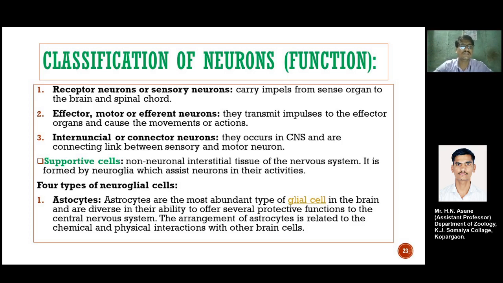The first one is the astrocytes. These astrocytes are the most abundant type of glial cells in the brain, and they are diverse in their ability to offer several protective functions to the central nervous system. Their arrangement is related to chemical and physical interactions with other brain cells.